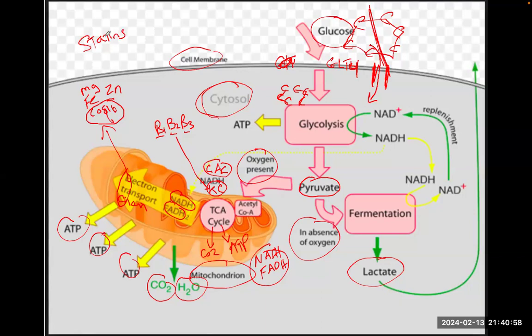The statins not only decrease cholesterol, but in that same pathway to make cholesterol, the body makes CoQ10. So if you're blocking the enzyme that's needed to make cholesterol, you're also blocking CoQ10 production, which will impact the mitochondria's ability to produce ATP.